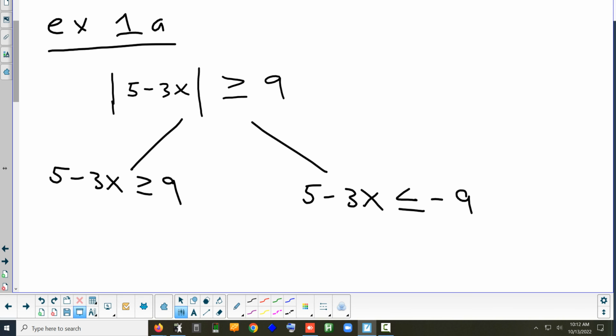Someone else tell? Yeah, Dorian? It is an or. Okay, why? Because the original sign is greater than. Right, the original sign is a greater than symbol. Greater than is always an or problem. So when we're done, we should expect to have two arrows going in opposite directions.